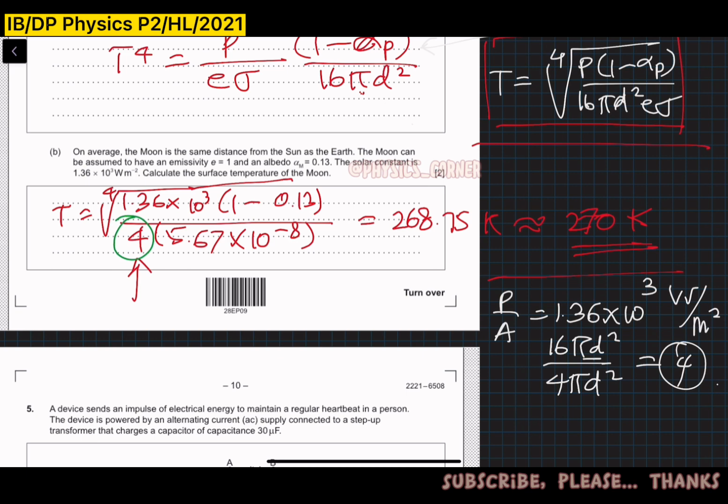They asked about the solar constant. And emissivity 1, we just don't type it, because anything times 1 equals to that number.